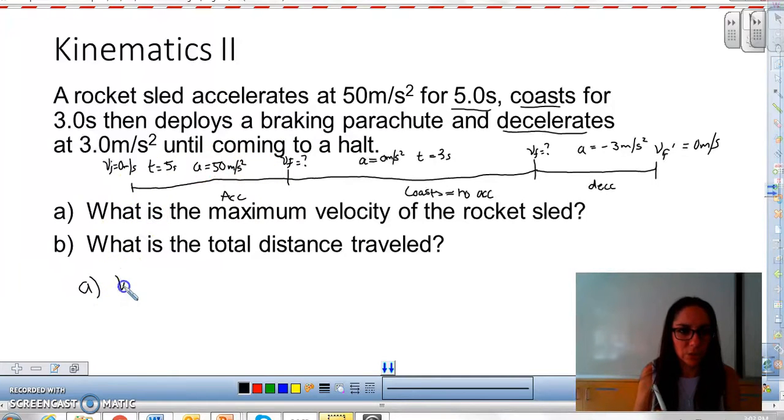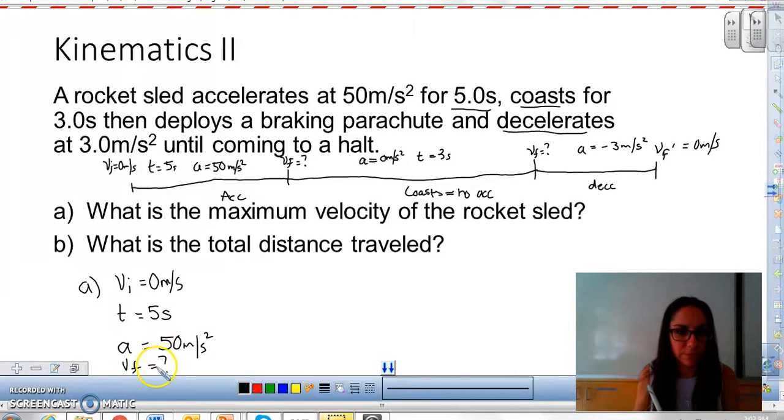Let's list the information we have for that section. We have a 0 initial velocity, a time of 5 seconds, an acceleration of 50 meters per second squared, and we are looking for our final velocity, how fast we're going.